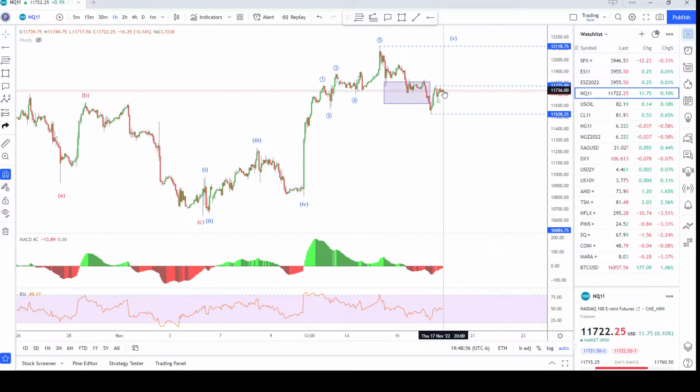So just like the dollar, this is a critical area that this has to hold. If it starts coming back down to 11,528, I'm going to start to get suspect that my counts might be off, and there actually might be a 1, 2, 3 here instead of what I've got for 5 waves. So this will be a key area.